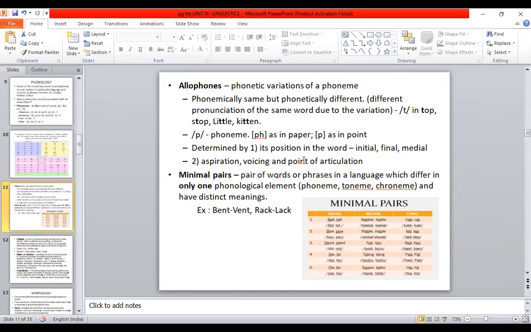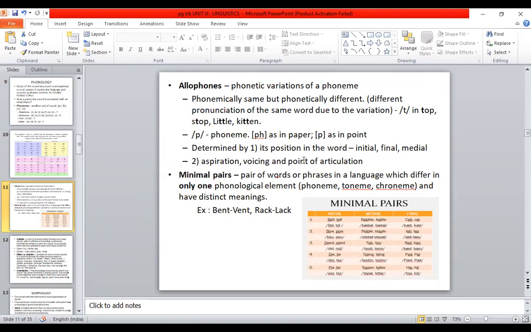So the phonetic variation, which is the sound variation of a phoneme, is called allophones. Remember this. Similarly, when we take the phoneme p, the way we pronounce p in paper is different.